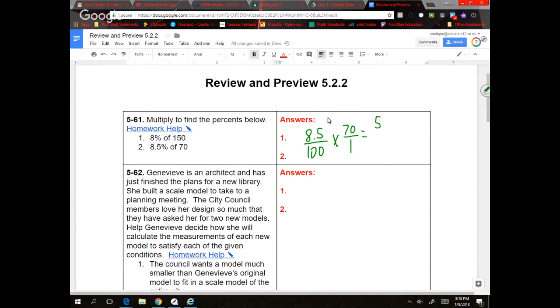And then I get 595 out of 100, which is the same as 5.95 or 5 and 95 100ths. Okay, because 100 goes into 595 5 times with 95 left over. That is the first question.